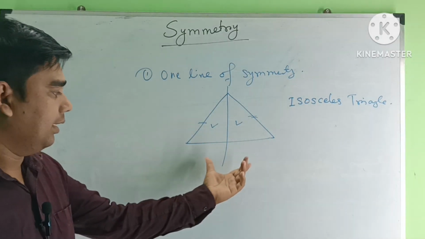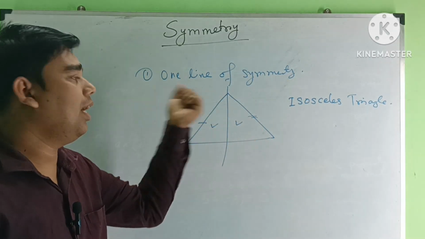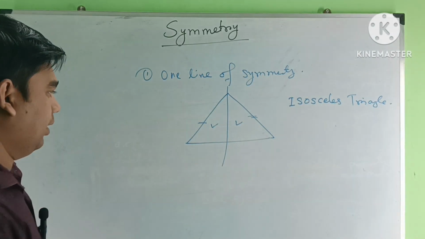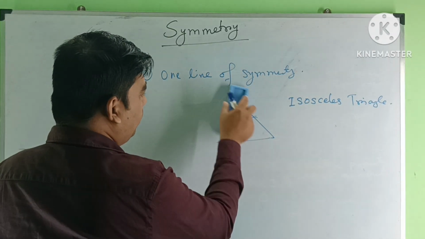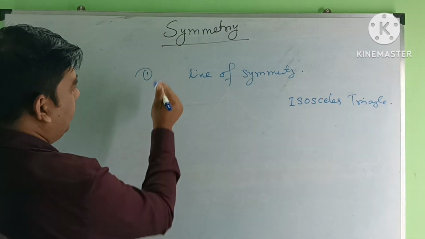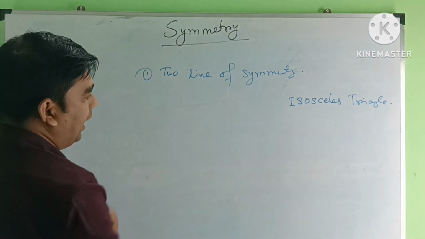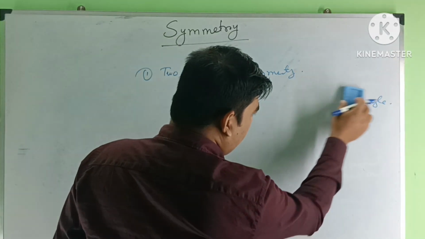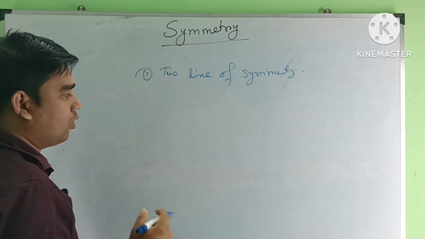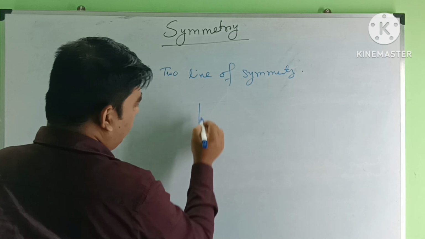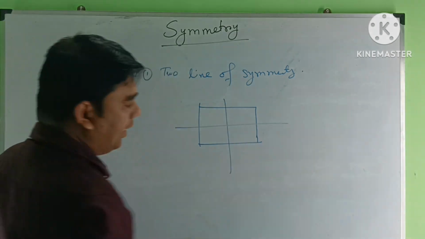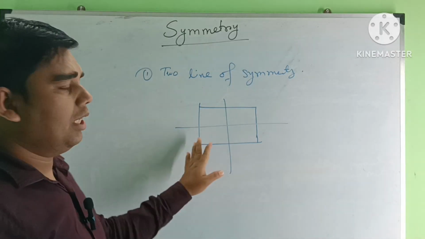So this isosceles triangle has one line of symmetry. Clear? One line of symmetry. Now suppose you draw two lines of symmetry. A rectangle has two lines of symmetry.